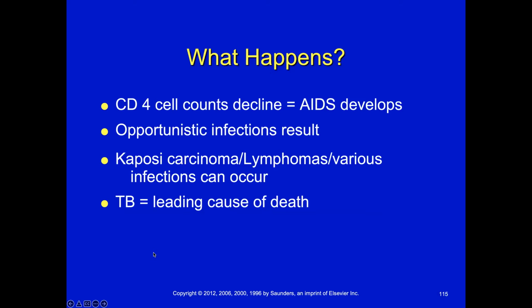So with the disease, what actually happens? Well, since the CD4 cells are the targets, their numbers will eventually decline, and then you start seeing the actual disease symptoms develop. And this includes the development of opportunistic infections.